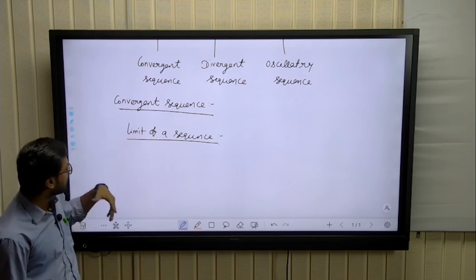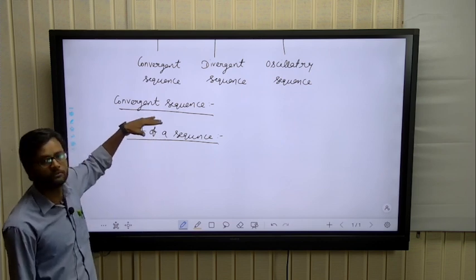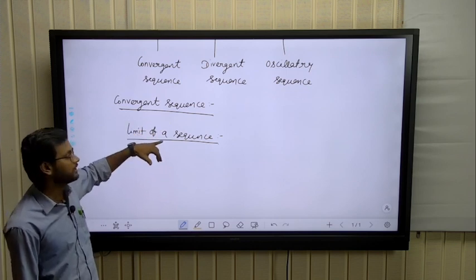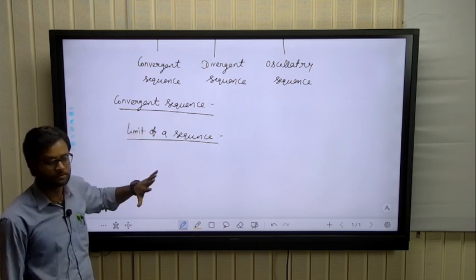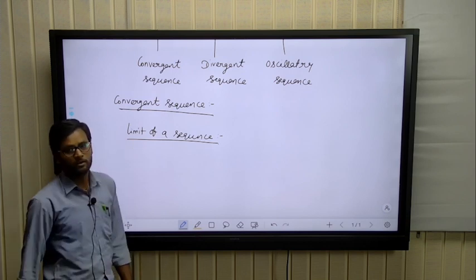Then I will tell you the relation between the limit of a sequence and the convergent sequence. But first we discuss the limit of a sequence.